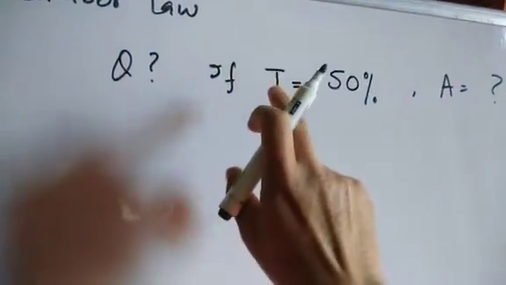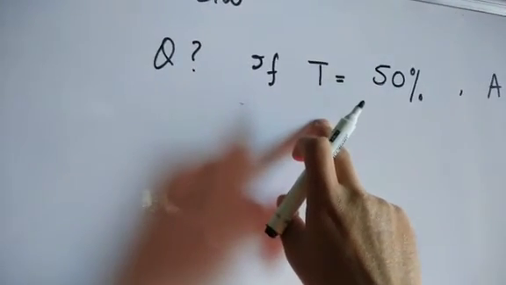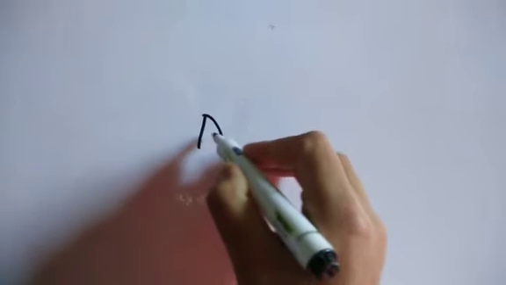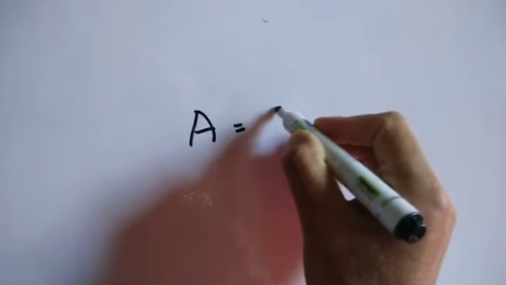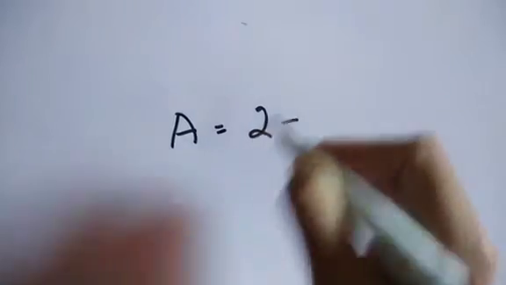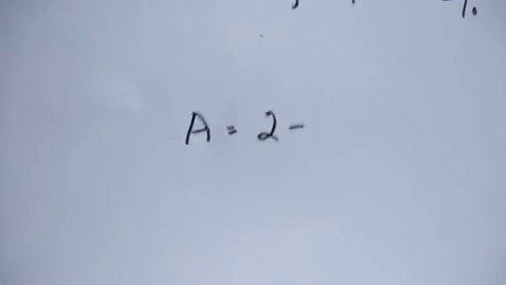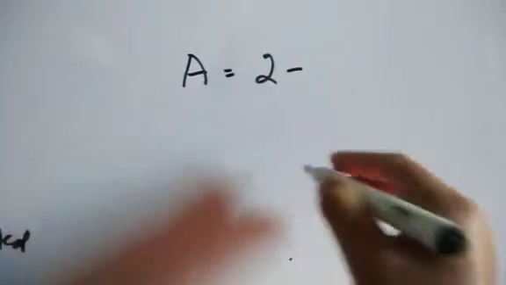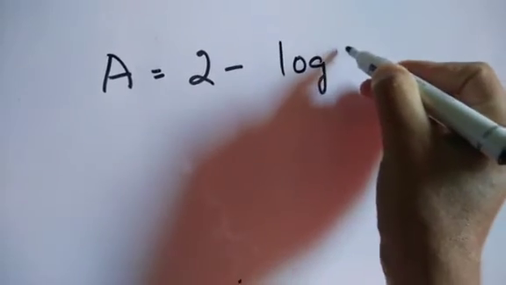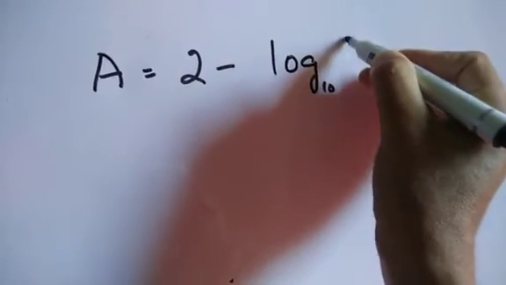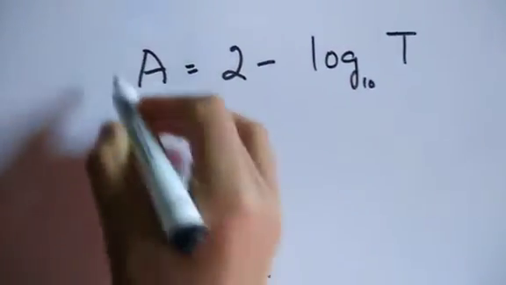In this case, we'll use a formula, बहुत simple formula, a formula for calculating the numericals, A is equal to 2 minus log of transmittance. It's basically यहीं से derived है ये formula.